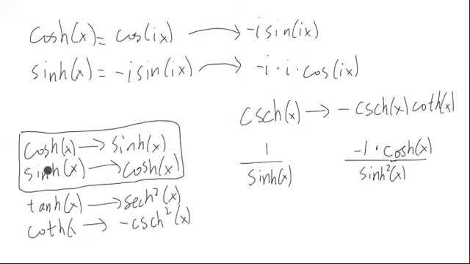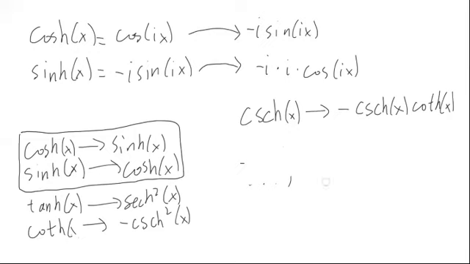The only difference so far is the cosh to the positive sinh. And that same difference is going to be apparent when we do secant. So really the only ones that will be different are cosh, sinh, and secant, but all the rest of the derivative formulas will be the same.